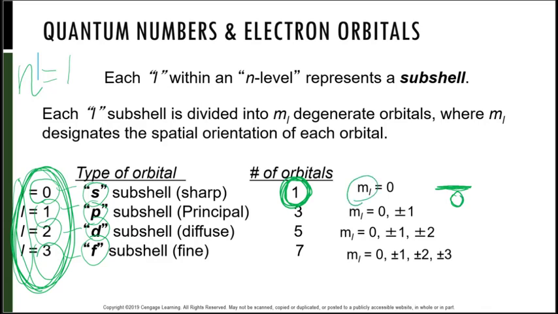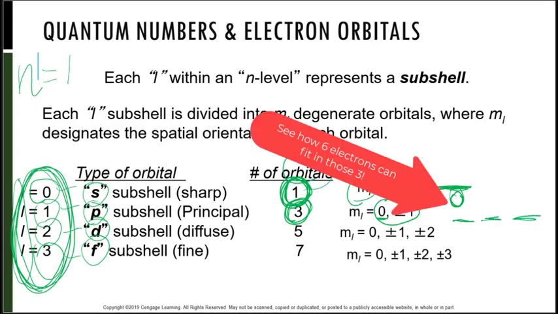Its ML value is always 0 for S. We said that there were 3 orbitals in a P subshell. We give them values of 0, +1, and -1. It would look like this. I'm going to draw the 3 orbitals within that P subshell, and we give the middle one a 0 value. To the right, we give a positive one, to the left, a negative one. That's our 3 options.